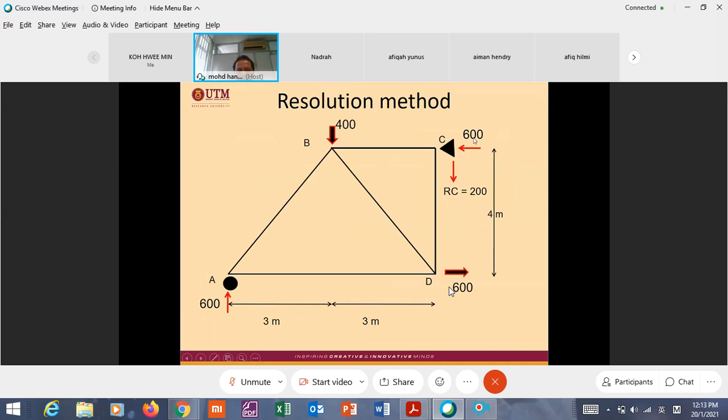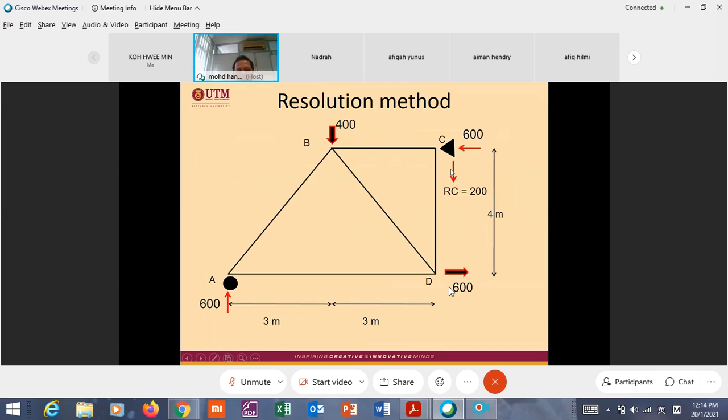So make sure that the total reaction is equal to 400 in opposite direction. Opposite means 600 in upward direction minus 200 in downward direction. Then it is now balanced. 400 upward, 400 downward. That reaction.